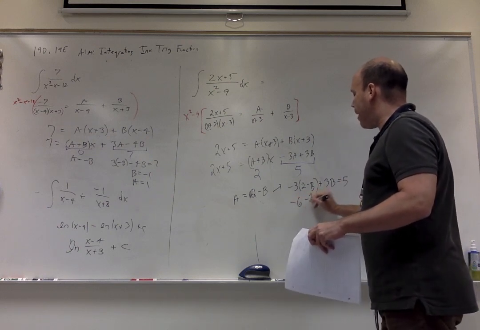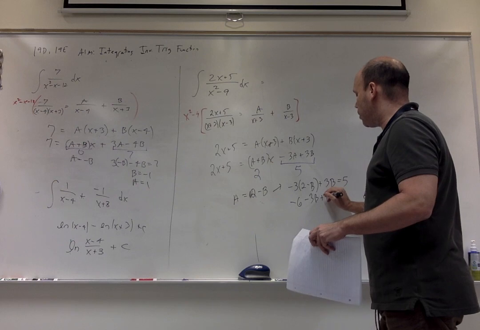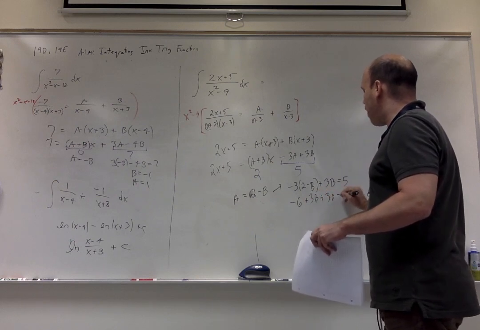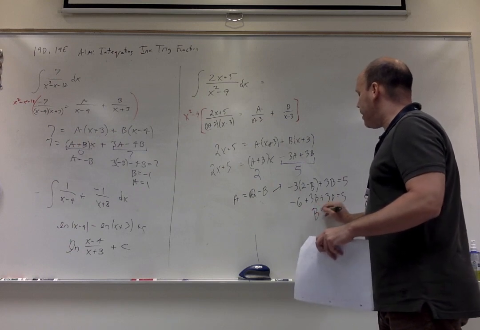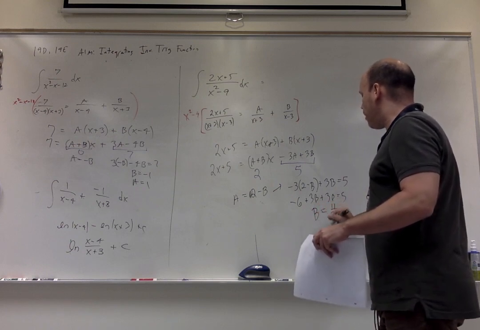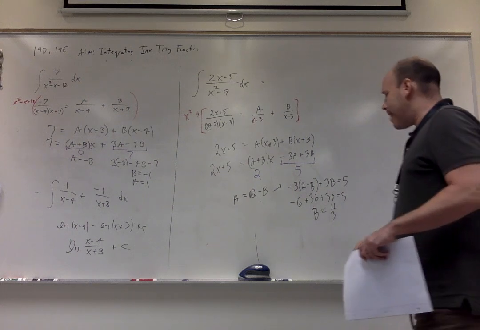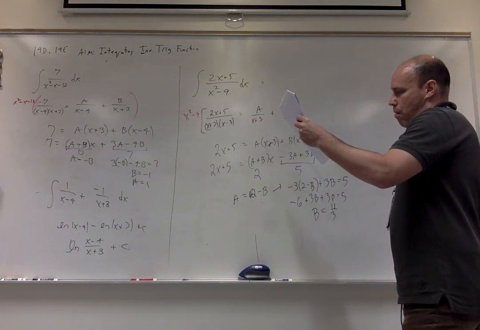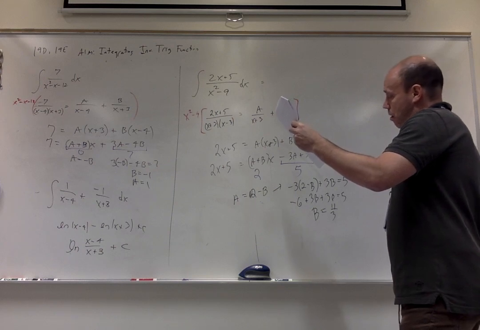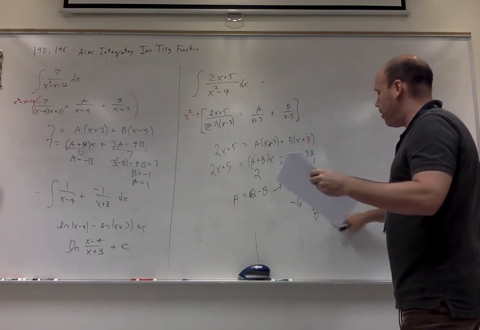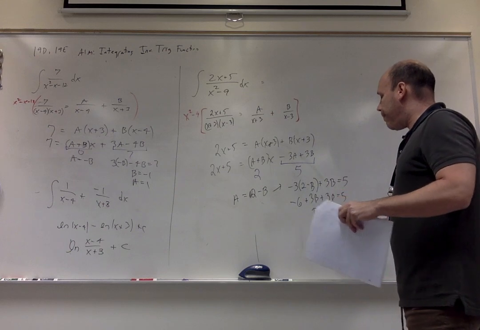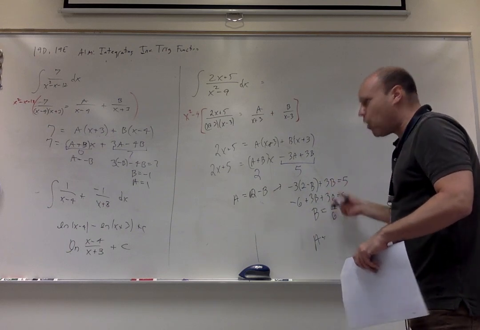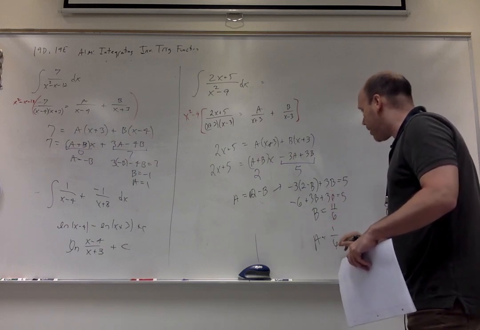Negative 6 plus 3b plus 3b equals 5, and therefore b is equal to 11 over 6, that means that a is equal to 12 over 6 minus 11 over 6, which is 1 over 6.